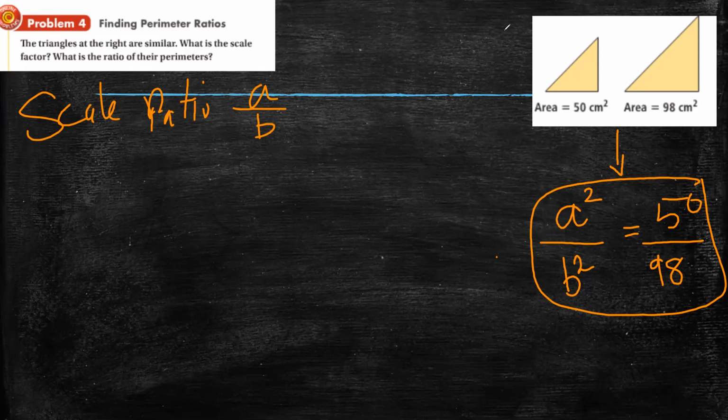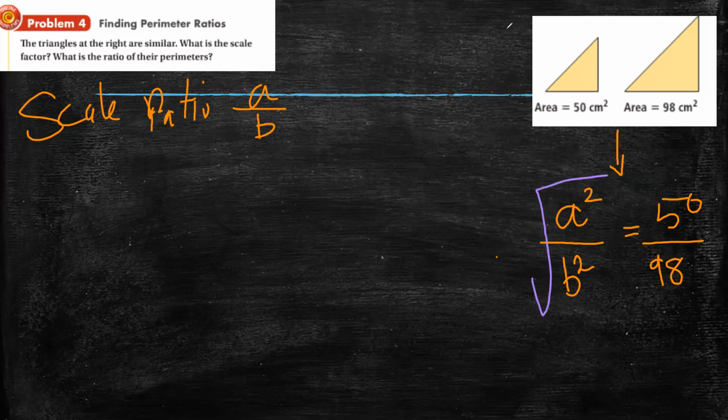To find A/B, let's take the square root of both sides.